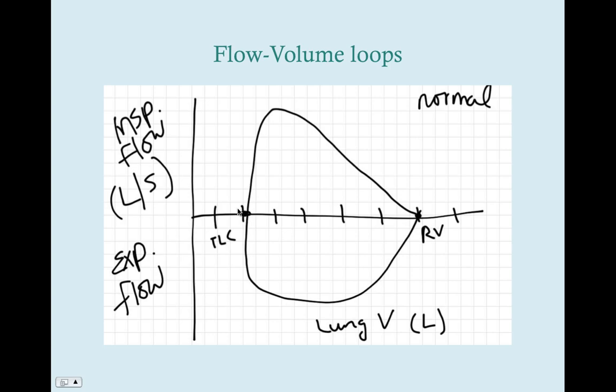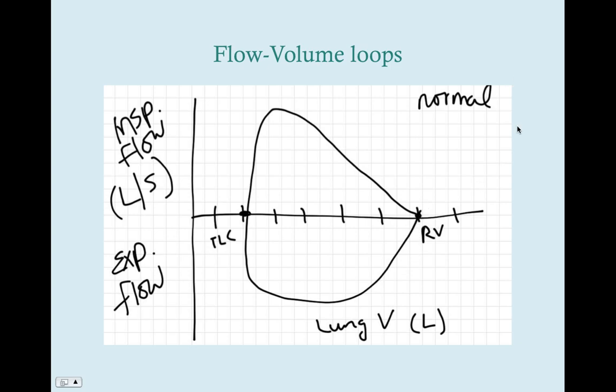So now we're totally breathed in, and this looks like 1, 2, 3, 4, 5, 6, so almost 7 liters of total lung capacity. Now we're going to breathe out. This is expiratory flow down here. So we're expiring, and we're going back down to our residual volume.